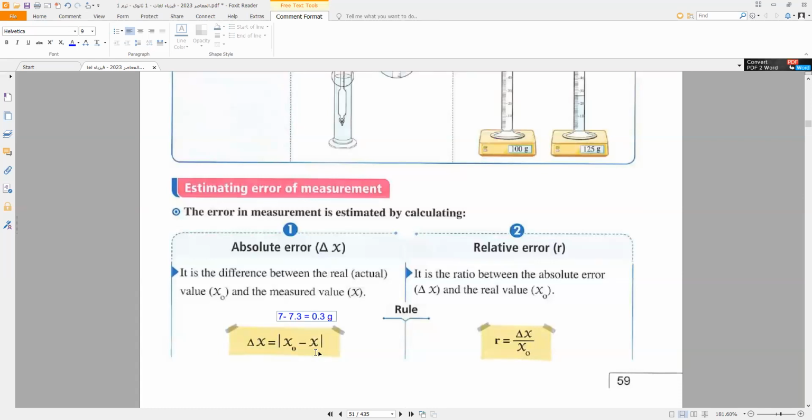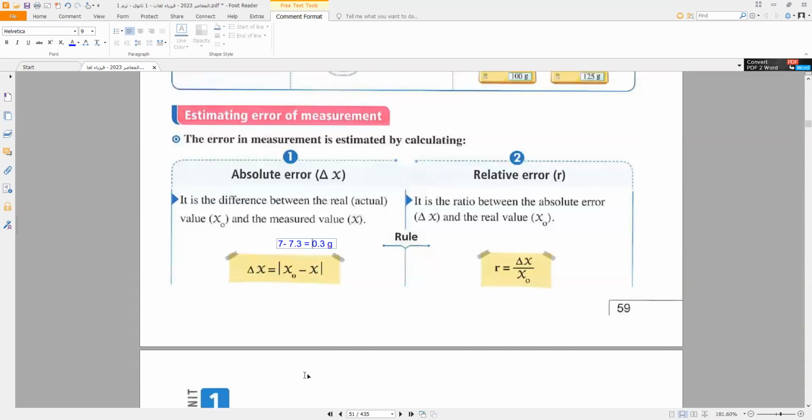The second type of error is the relative error. It is the ratio between the absolute error and the real value. Relative error equals the absolute error, delta x, over x naught.